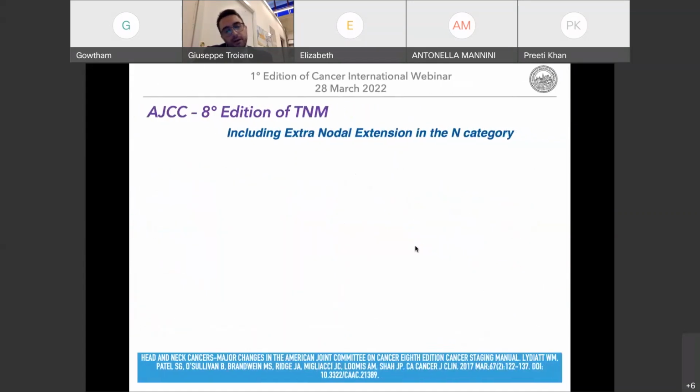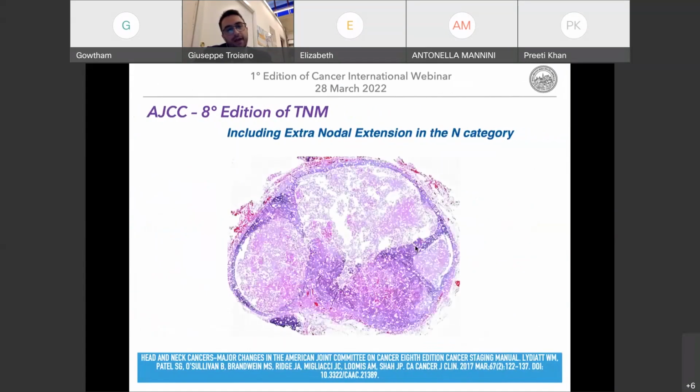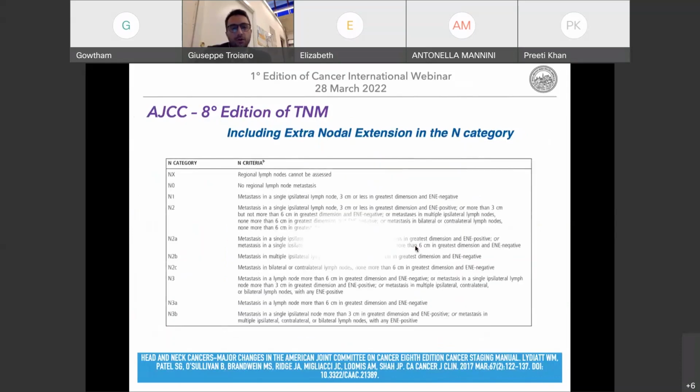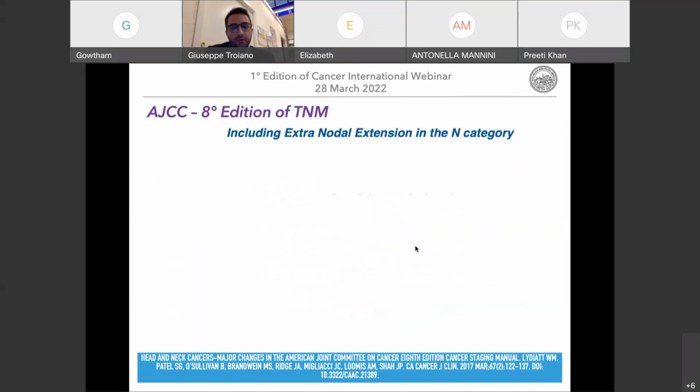Another improvement is related to the neck and the inclusion of the parameter of extranodal extension in the N category. So the staging for the N node parameter now also takes into consideration the possibility of extranodal extension, the capability of the tumor to invade the nodal capsule of the lymph node.